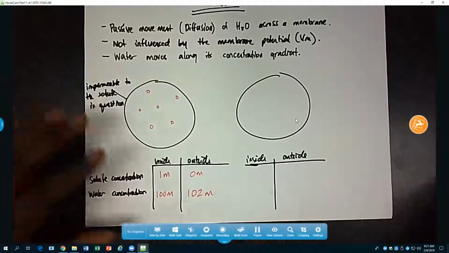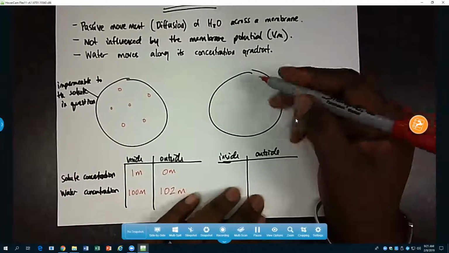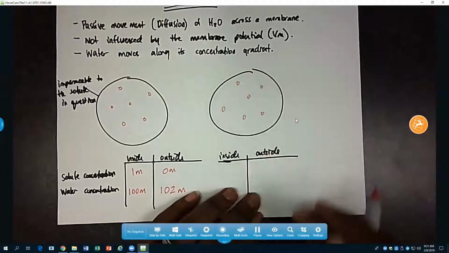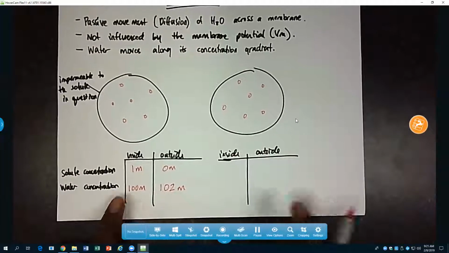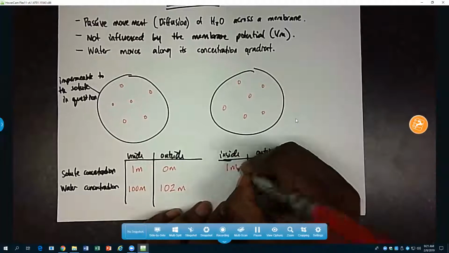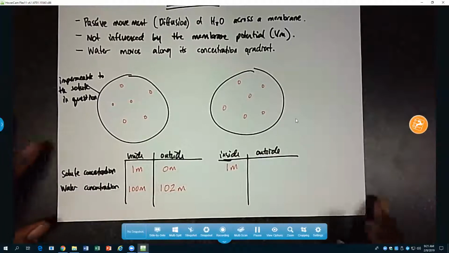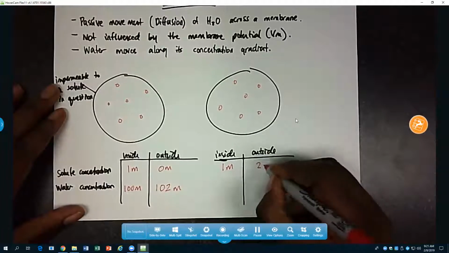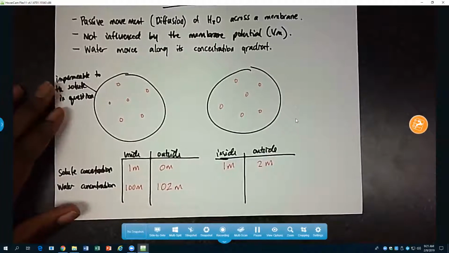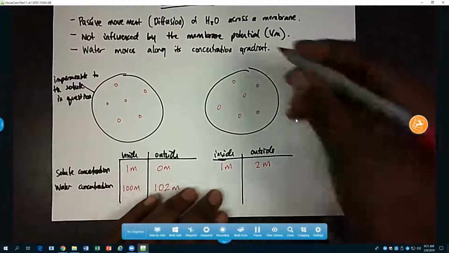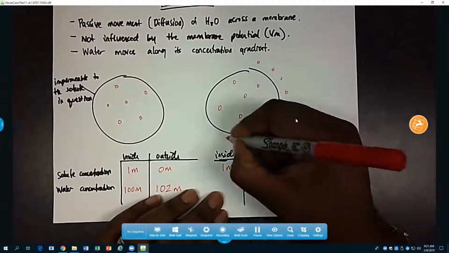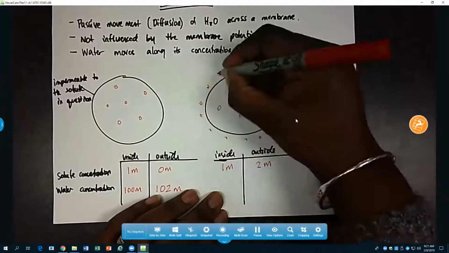And let's look at another scenario over here. Let's say inside this cell, we have a similar solute concentration as cell 1, so we also have 1 mole inside this second cell. And then outside that cell, we actually have much more of this solute.